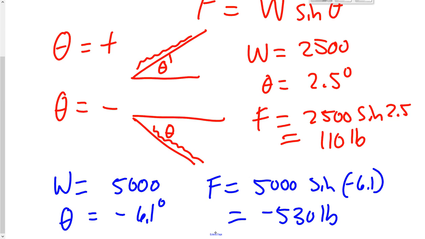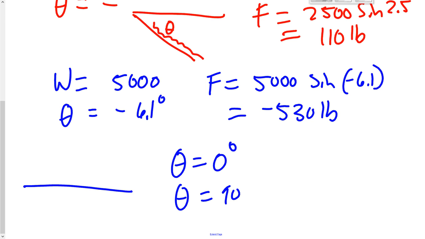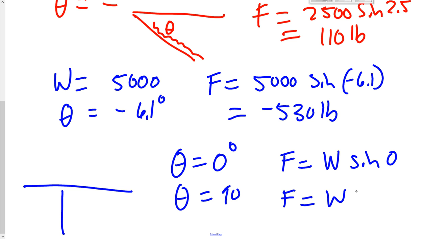And then lastly, what about an angle of 0 degrees and an angle of 90 degrees? That would be traveling flat. What's the grade resistance going flat? And what's the grade resistance of going uphill? Well, force is equal to our weight times sine of 0, and force equals weight times sine of 90.